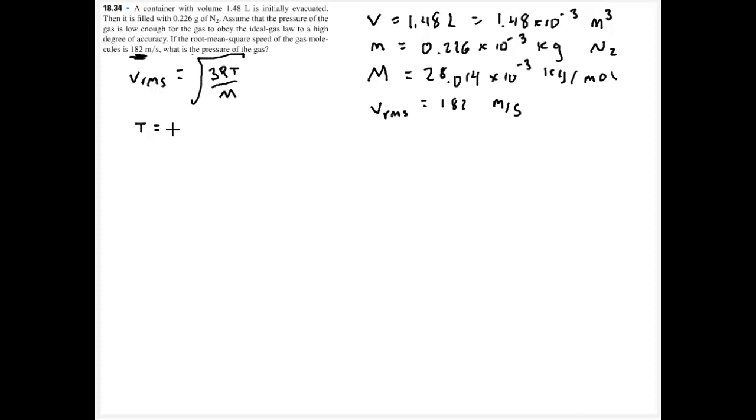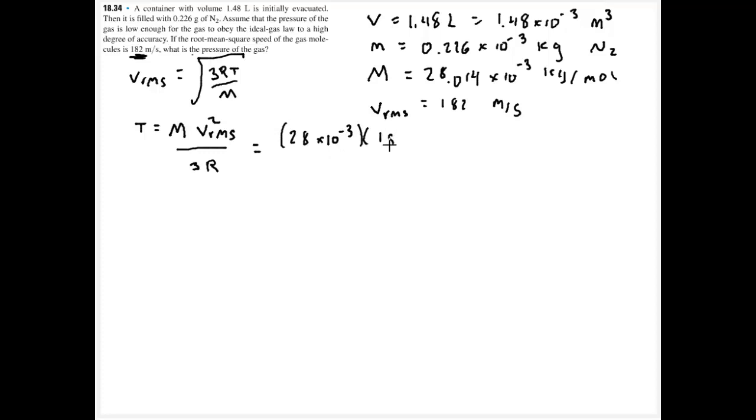the pressure. So the temperature is going to be equal to the molar mass multiplied by the RMS speed squared divided by 3 times R. So the molar mass is going to be 28.014 times 10 to the minus 3 kilograms per mole.